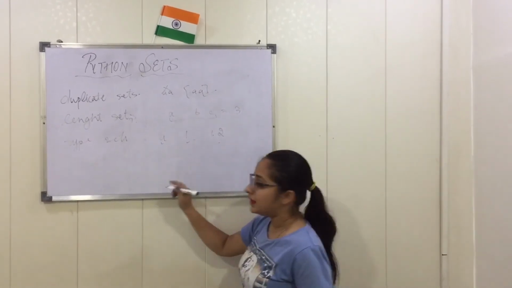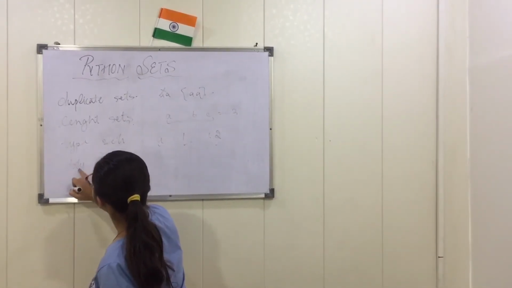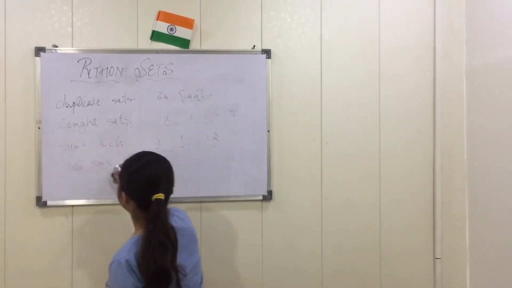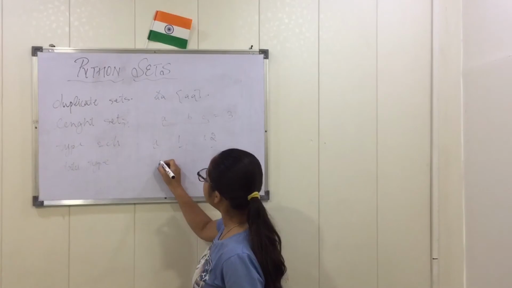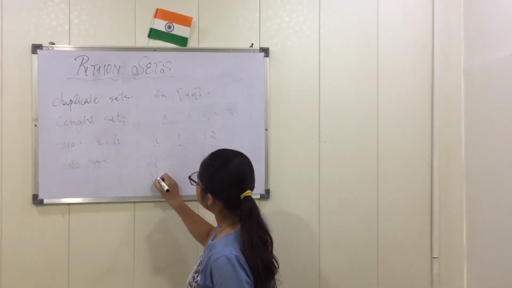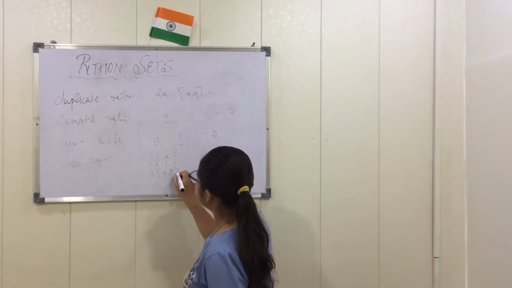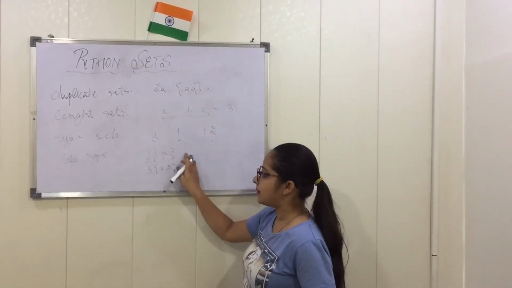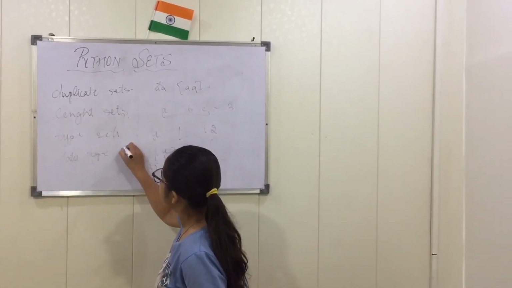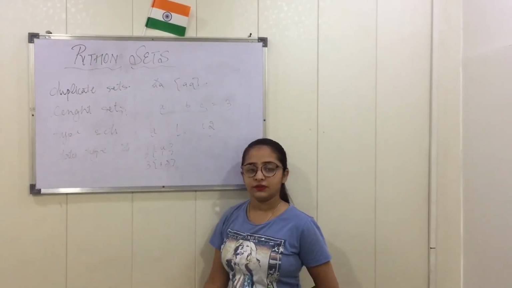Another example is data types. The data types are, as I am writing here, first 1, 2 and 3. The values are A, 1 and 1.2. So these are the different data types that are used in sets. This is how we can use Python sets in the Python programming language.